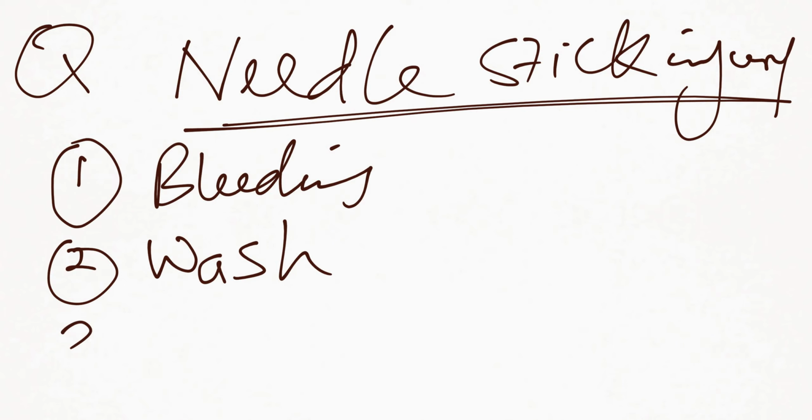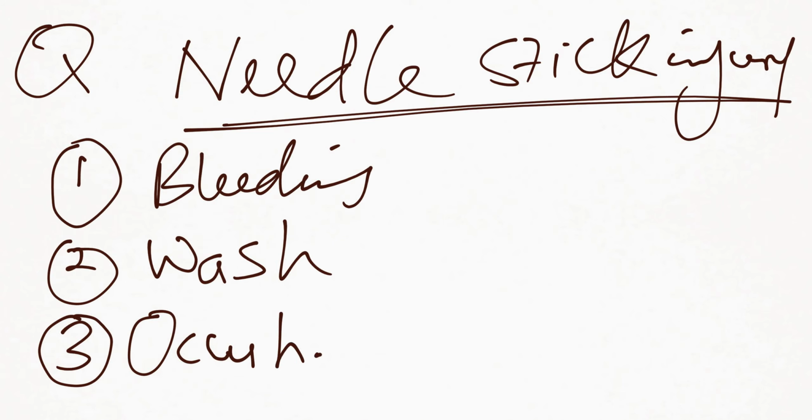Number 3, contact occupational health department. This will be done during the normal working hours. So if this happened at night, what are you going to do? You are going to contact the accident and emergency department.